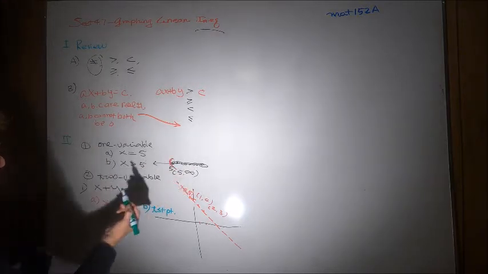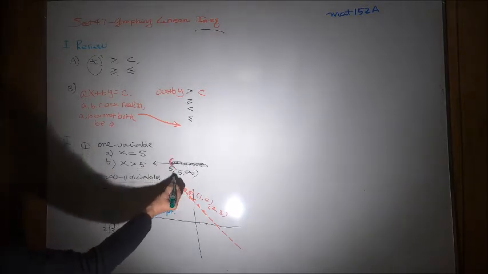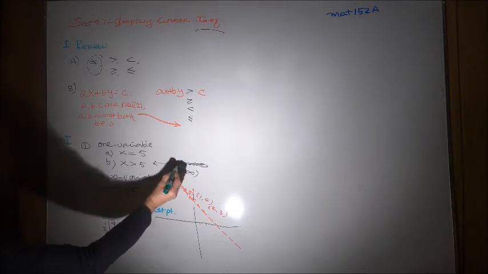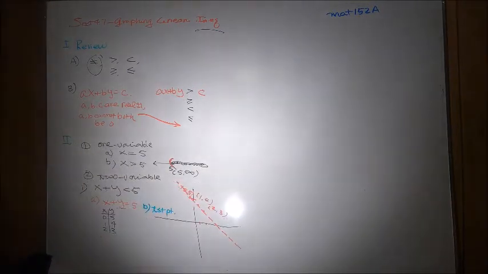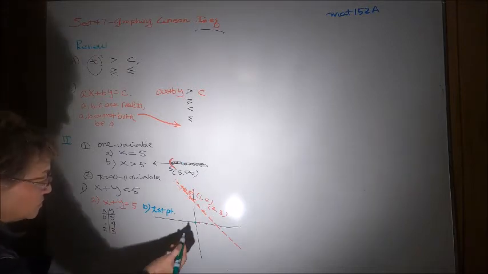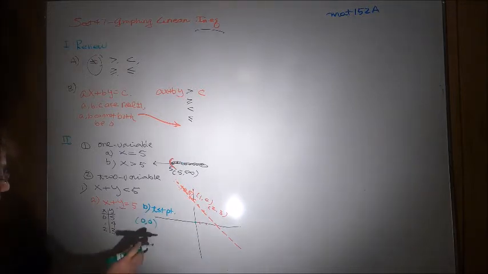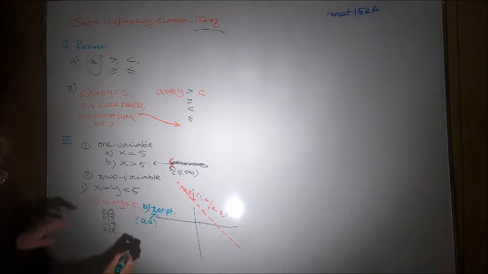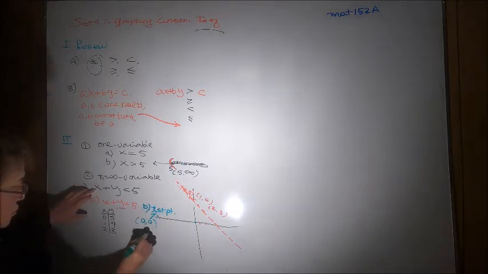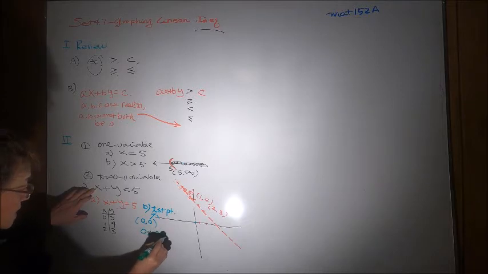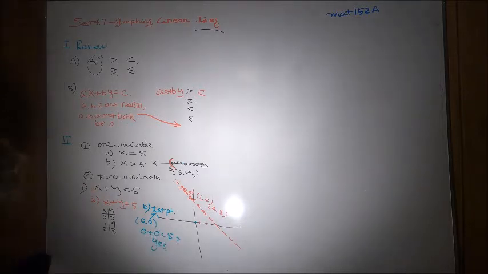Just like this one, if the point works in this situation, then all the things along with that side will work. So easiest point, you just use 0, 0. So if we use 0, 0 for the test point, what do you think? Will that work? So you do 0 plus 0, is that less than 5? You say yes, right?